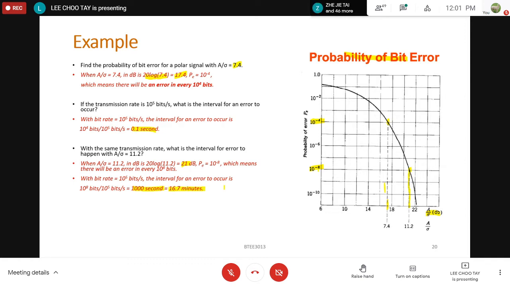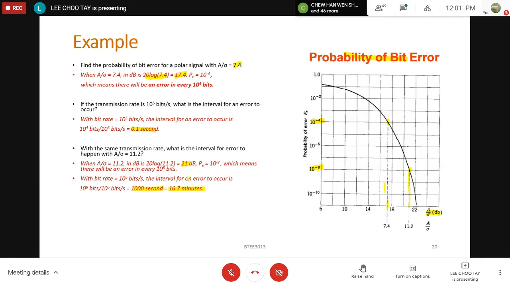All right. So you can see we actually go from 7.4 to 11.2, and if you look at it dB wise, it is 17.4 dB to 21 dB. So you increase the signal power by about what? About 4 dB.